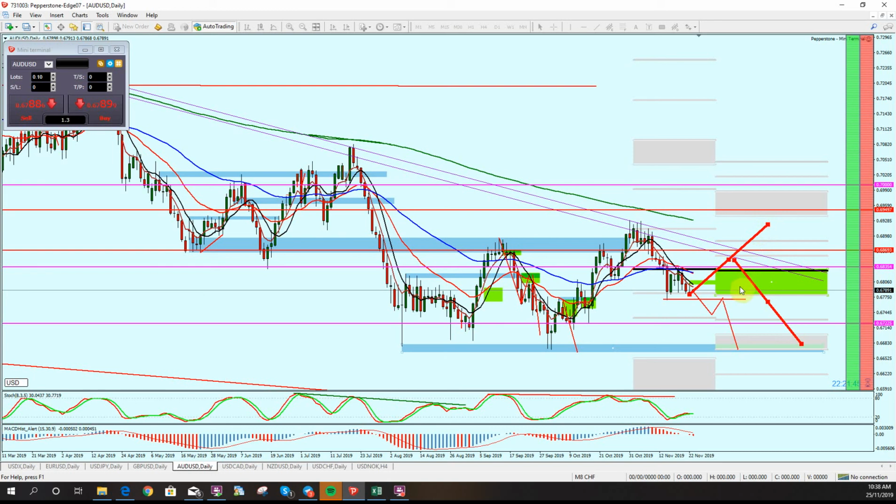That would take you from this line here, or this zone, up into this area here. That's if you want to go long, because that'll give you a double bottom, higher high, higher low, higher high.